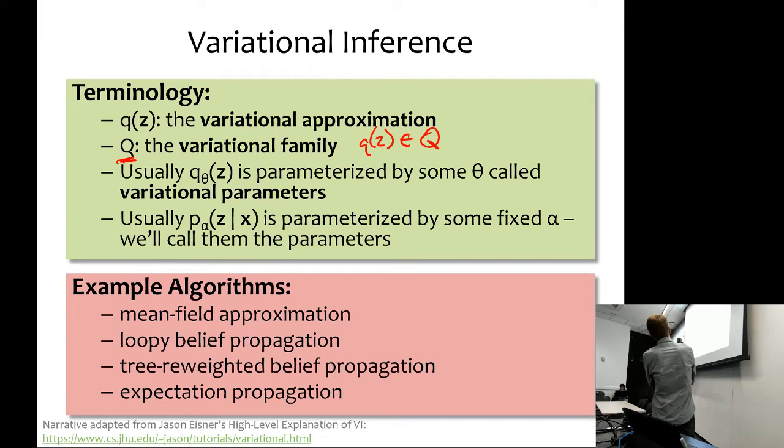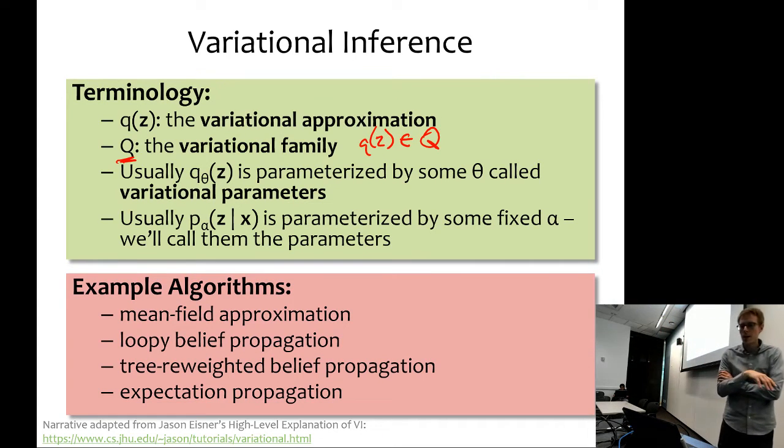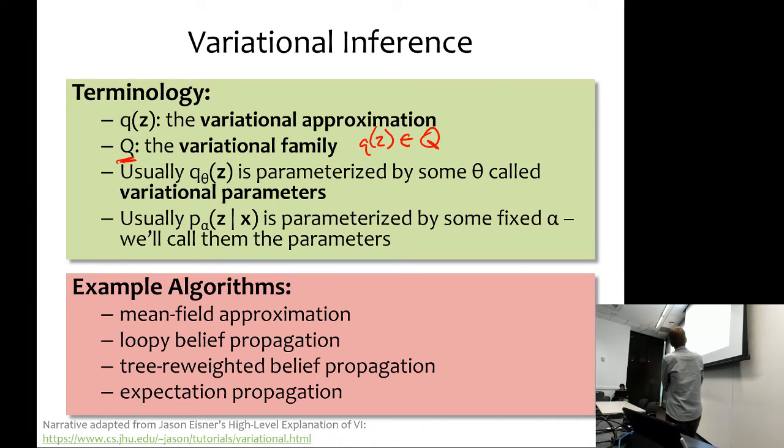Further, in the typical setting, Q of z is parameterized by some vector theta that we call variational parameters. Likewise, P of z given x is usually parameterized by some fixed parameters alpha, and we can just refer to them as the parameters like we usually do.